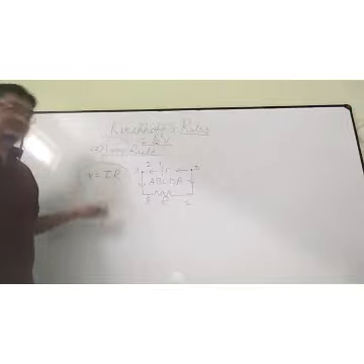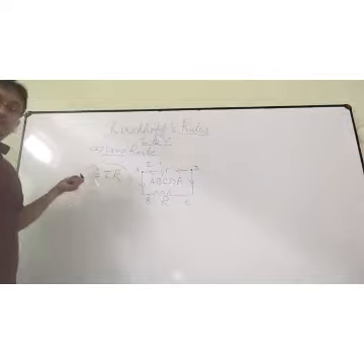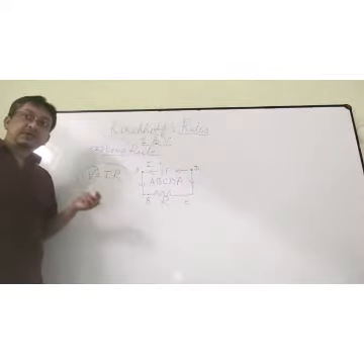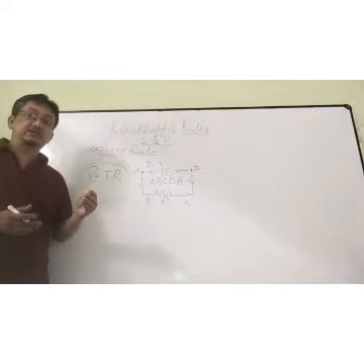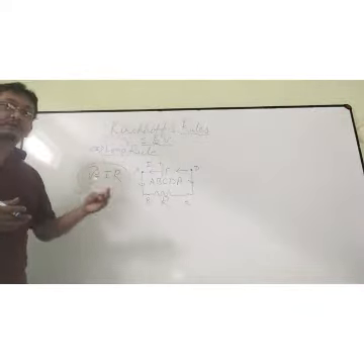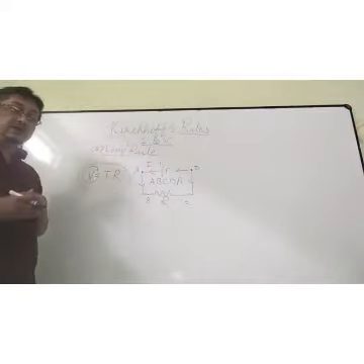So you can easily calculate V. And the loop rule says the algebraic sum of potential from the starting point to the end point is 0.